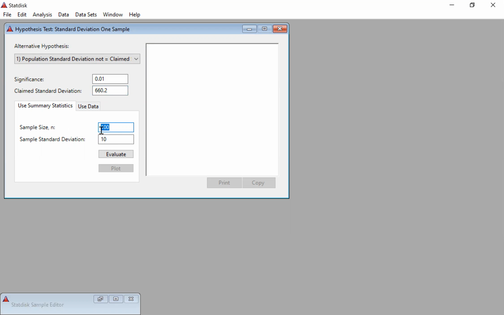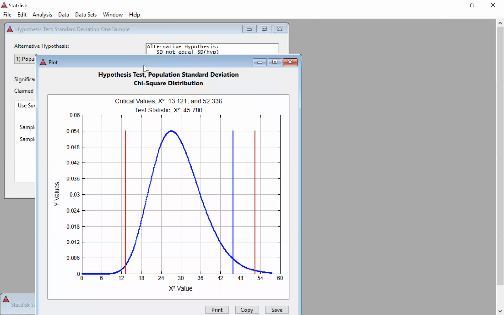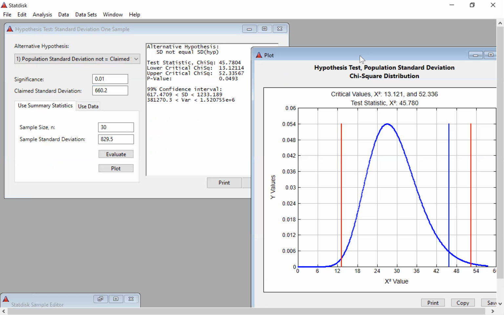Our sample size was 30 and our sample standard deviation was 829.5. So we can hit Evaluate. Then we can also hit Plot to help us put this into perspective.